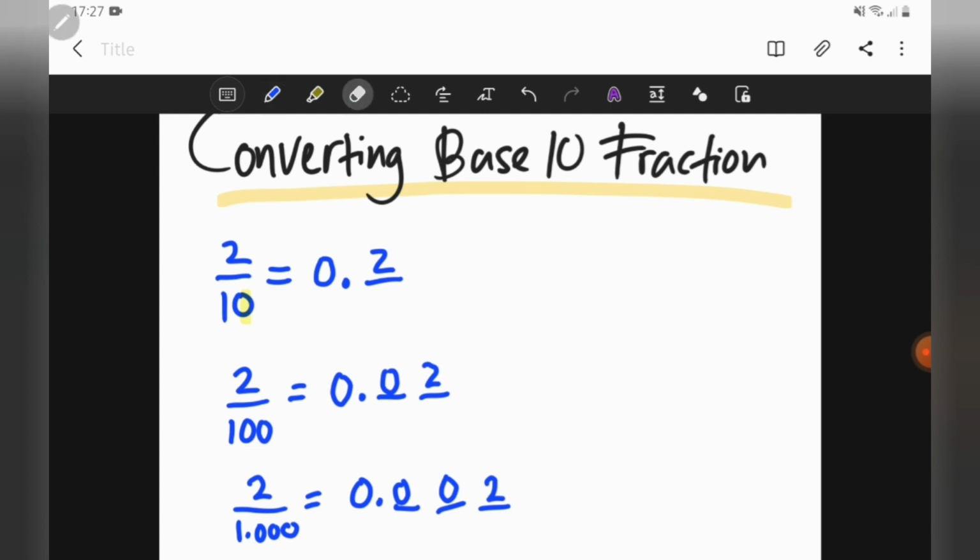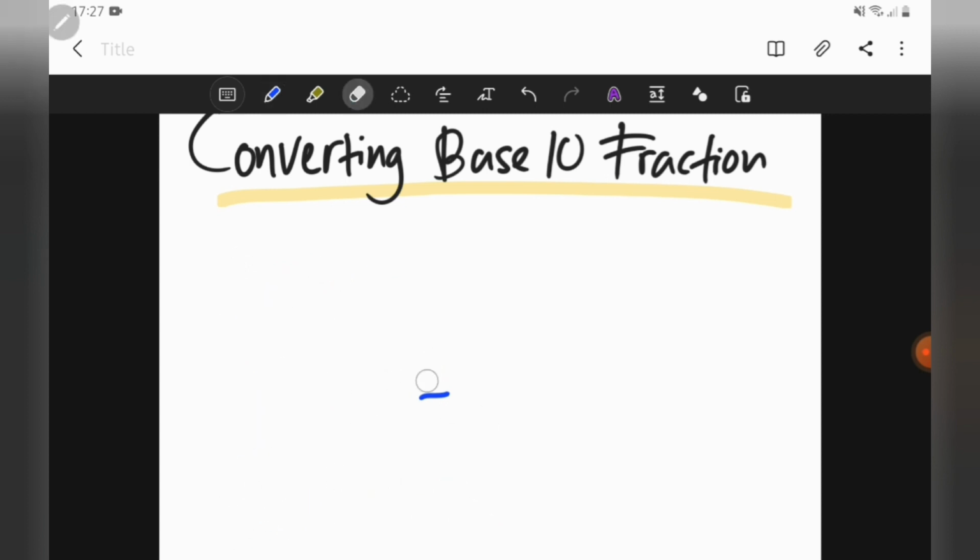Now let's make something more complicated. Let's change the number. Start from this one. What about 12 hundredths? The same way: you put 0 and then you see there are 2 zeros there.